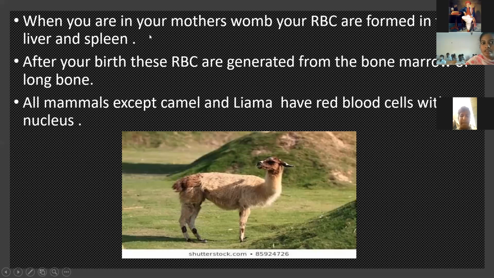When we are in our mother's womb, our RBC are formed in the liver and spleen.